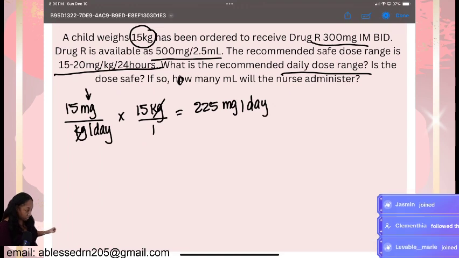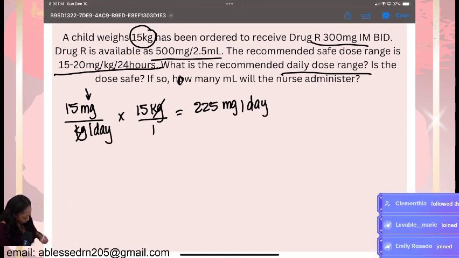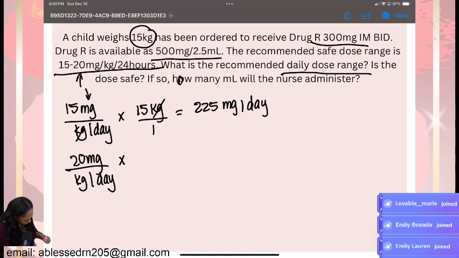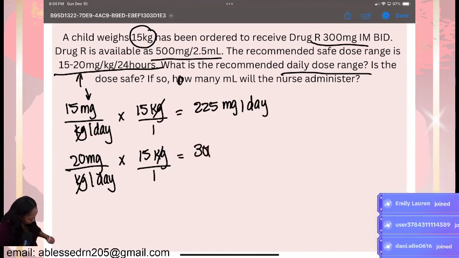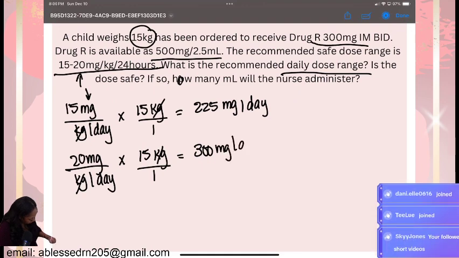That is your lower limit. The upper limit is going to be this number right here. We're going to do it the same exact way. So 20 milligrams per kilogram per day. And then our patient's weight is 15 kgs. We don't have to add a conversion because it's already that. And 20 times 15 is going to be 300 milligrams per day.